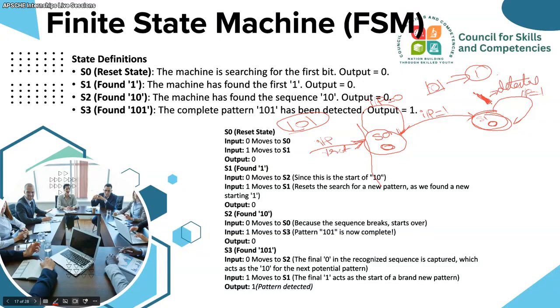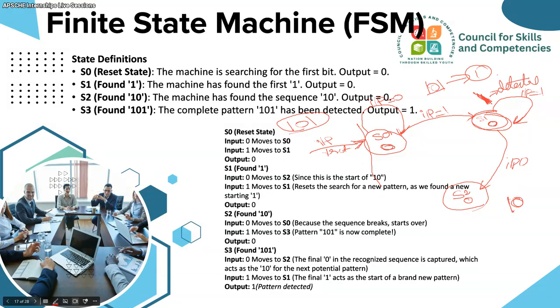But again, if I get 1, I want to be in this state only. And if my input is 0, it is moving to the other state. That means when the machine moves to the other state, we received 10.